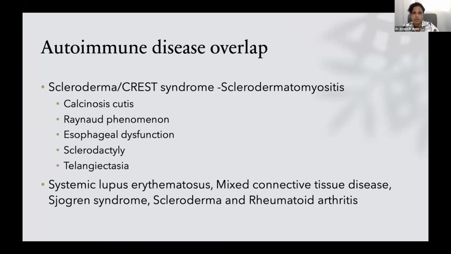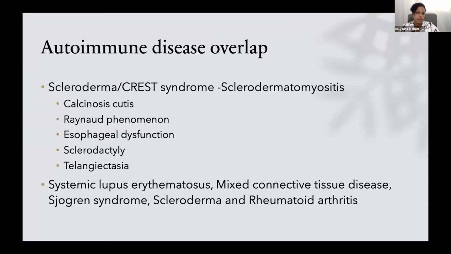It may be associated with other autoimmune diseases, so there may be an overlap. The most common overlap is with scleroderma CREST syndrome, and that is called sclerodermatomyositis. With CREST syndrome, these patients present with calcinosis cutis, Raynaud's phenomenon. So whenever they get cold, the fingers become numb, cramping, they change to a dusky bluish color and pale.